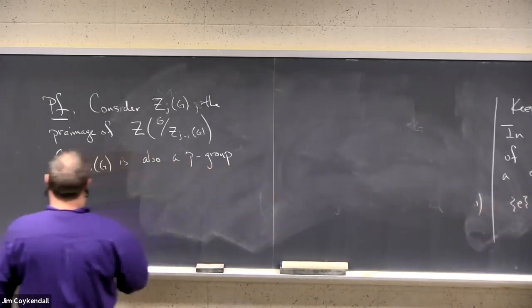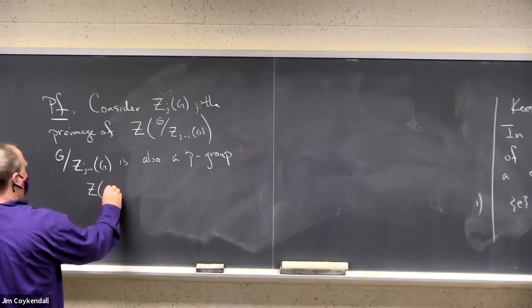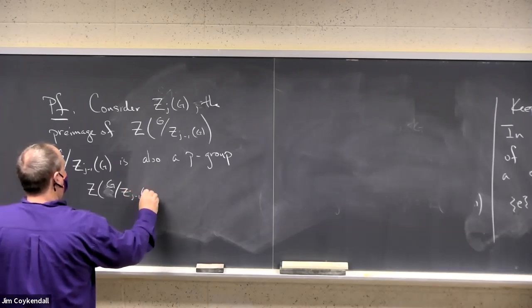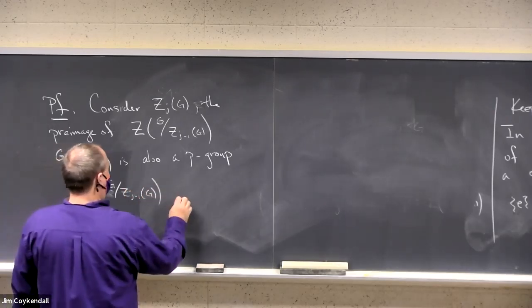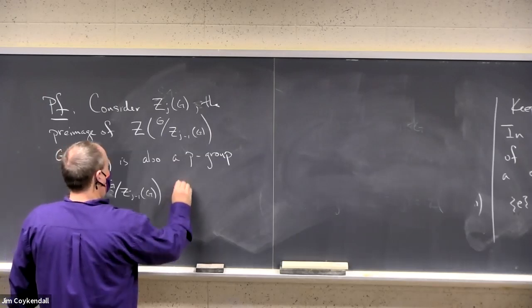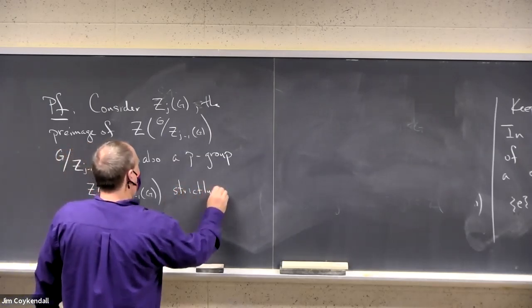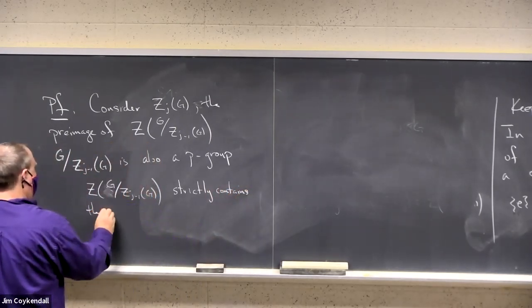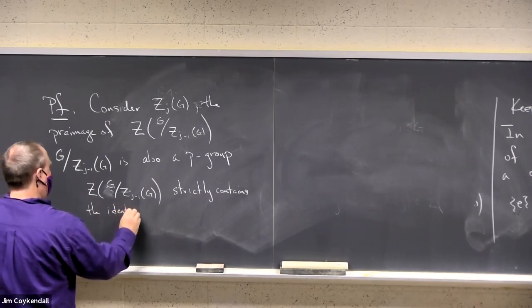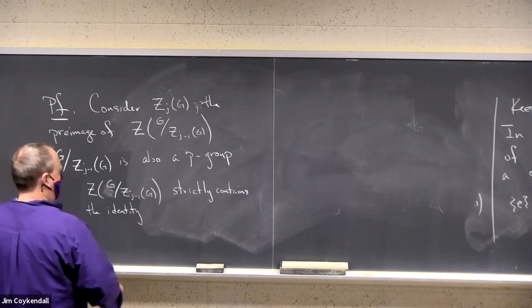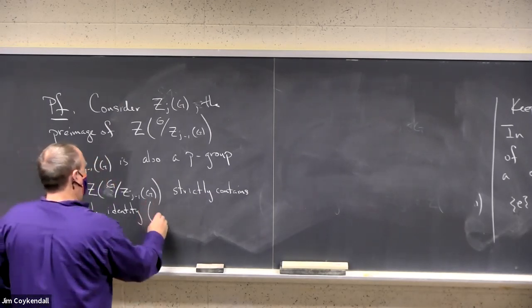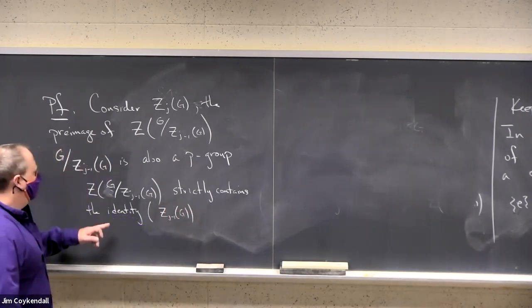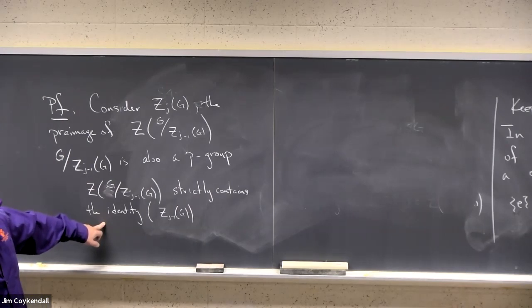So the center of this thing strictly contains the identity, which is the coset Z_{j-1}(G). So it strictly contains the identity coset.